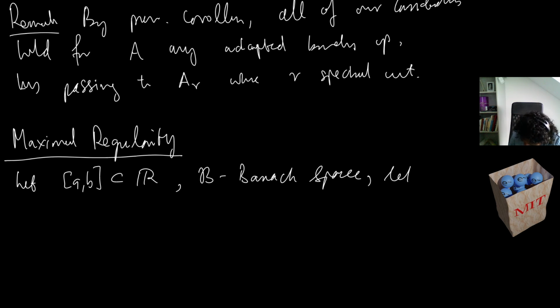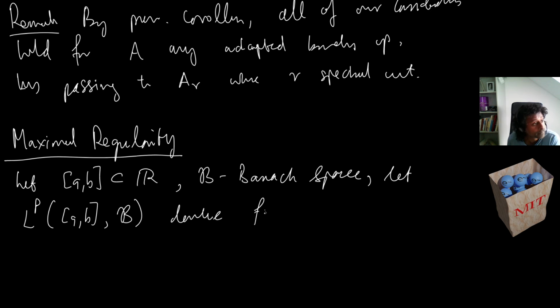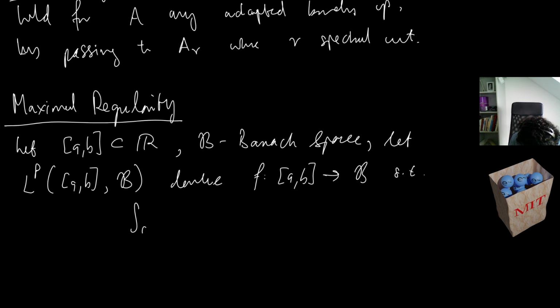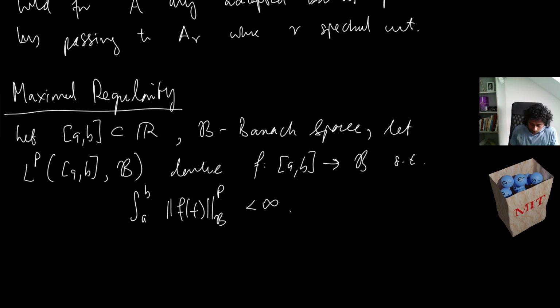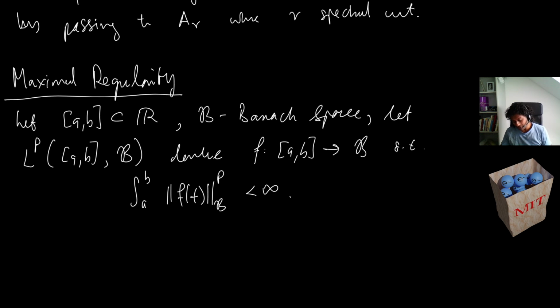And let LP of A, landing us in the Banach space B, denote the functions F on the interval A to B into B such that the integral from A to B of the norm of F(t) in B to the P is finite. Okay, so these are Banach valued LP spaces.